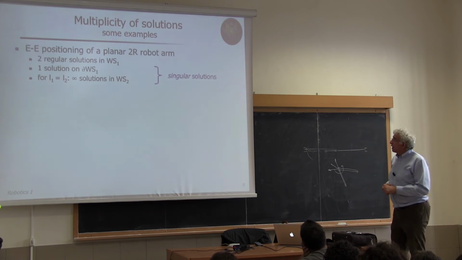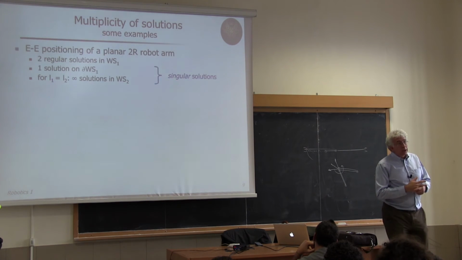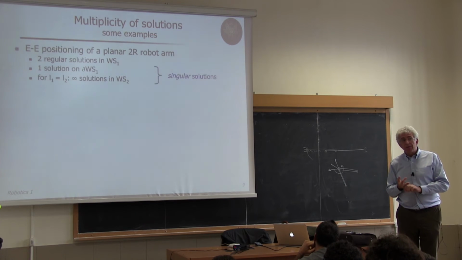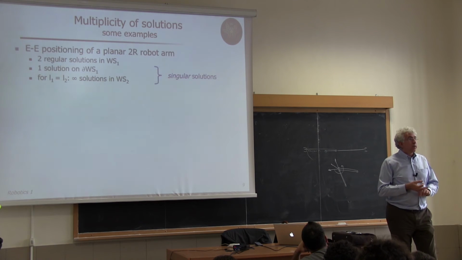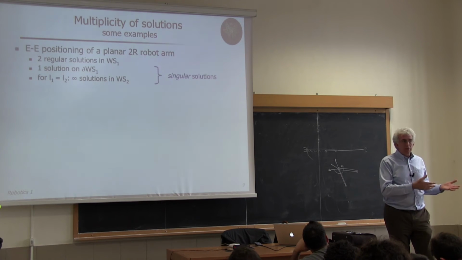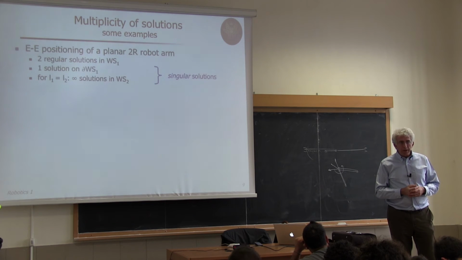Okay? Now, the reason why they are called singular will be clearer when we do differential kinematics, because we associate to the mobility of these robots, so to the velocity that they realize when you give velocity to the joints, a matrix which is called the Jacobian.